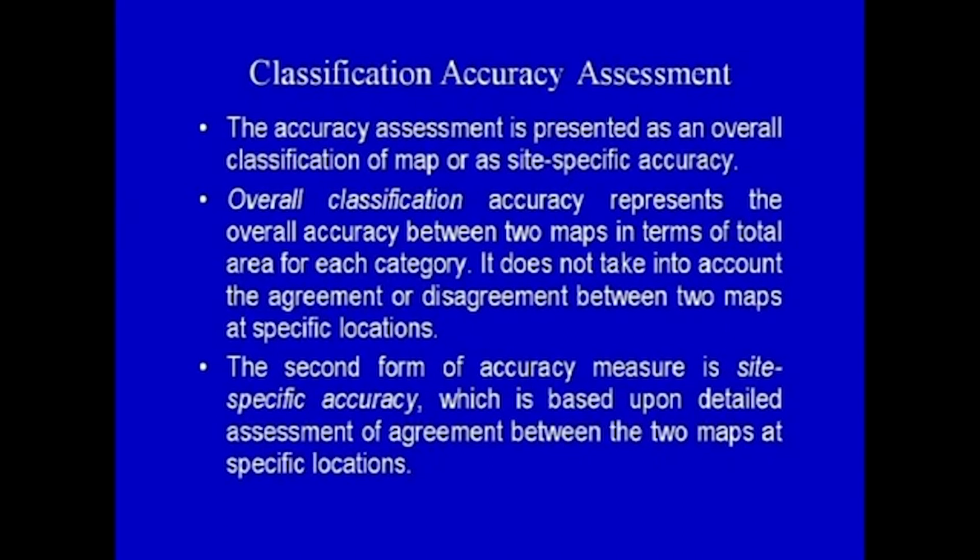Overall accuracy represents the agreement between the two maps in terms of total area for each category. It does not take into account the agreement or disagreement between the two maps at specific locations. The second form of accuracy measure is site specific accuracy, which is based upon detailed assessment of agreement between the two maps at specific locations.